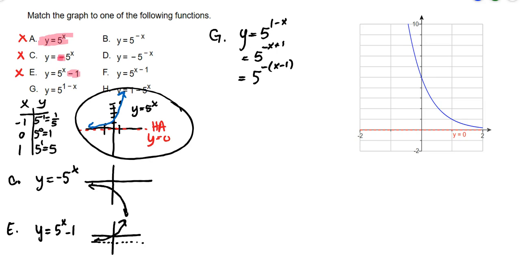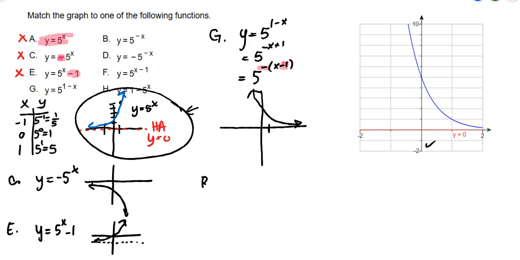And now with it written this way, I can see that this minus 1 shifts the graph to the right 1, and this negative reflects horizontally. So this is going to give us a graph. If we move to the right 1, so once again starting with this picture, I'm going to move to the right 1 and also reflect. We get a picture that looks something like this, and that is lining up to match our picture here. So I'm going to hold on to G and just verify that the rest of these are not right.